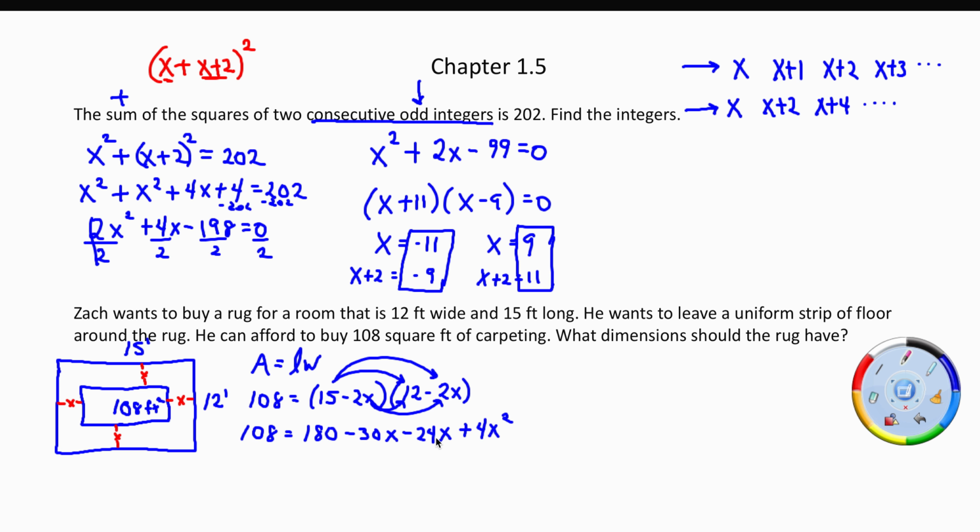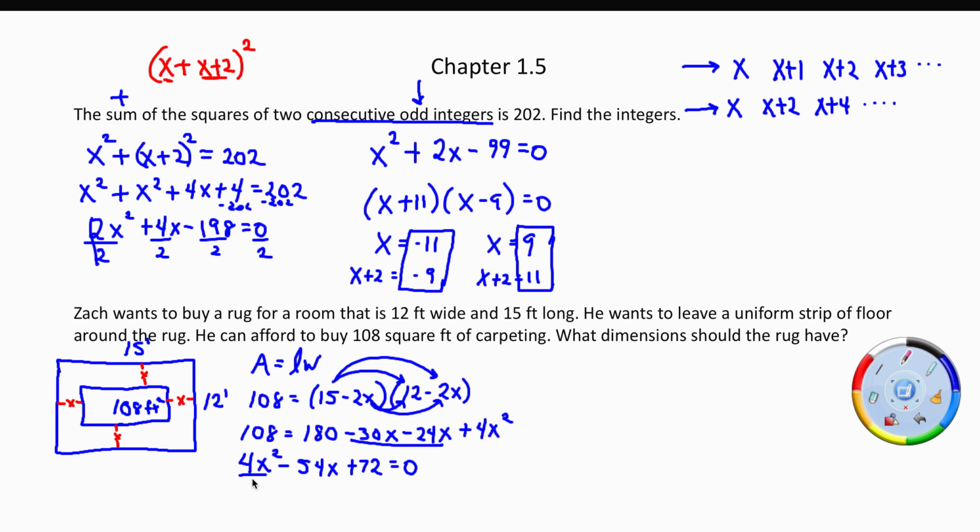I can't use the square root method, so I'm going to try to factor it, which means it needs to be set equal to 0, and I'm going to put it in descending order. I can combine these like terms, so I get minus 54x, and if I subtract 108 from both sides so that it sets equal to 0, I have plus 72 equals 0.